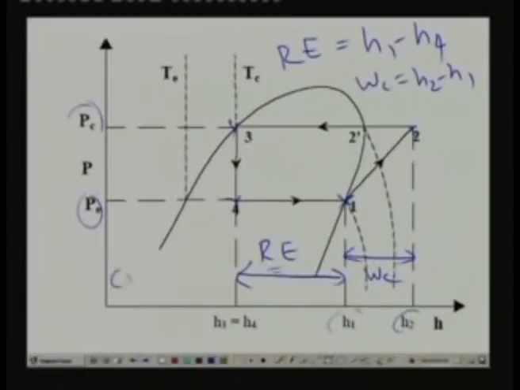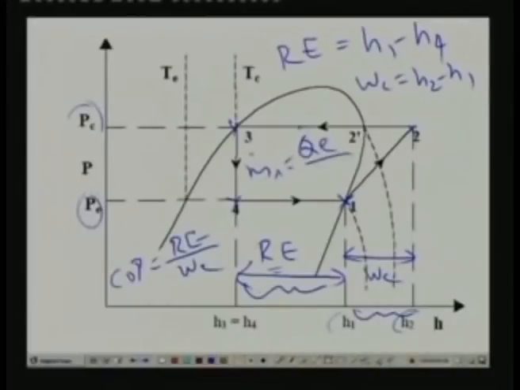COP, as you know, is RE divided by WC, that means this length divided by this length. So straight away you get the value of COP, and you can also find out the required mass flow rate if you know the capacity, because mass flow rate is refrigeration capacity divided by RE, and RE is this length. Refrigeration capacity is given, so you can find the mass flow rate. And if you read the specific volume from the pH chart, then you can also find the required volumetric displacement.